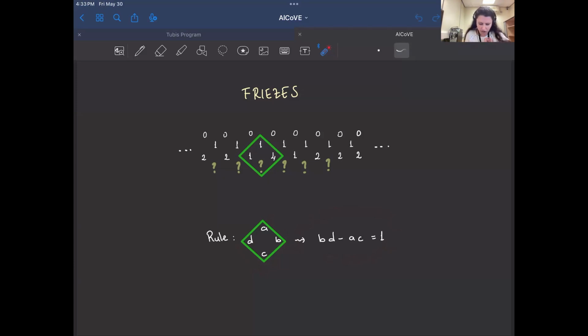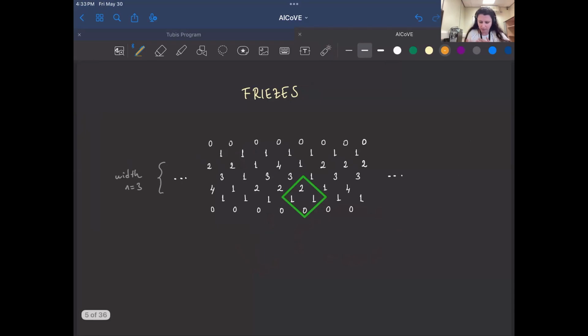If we do this computation here, I use some colors. 4 times 1 is 4, so we need 3 here. And you propagate it everywhere, 3, 1, and so on. And then you complete this consecutively. After getting one row, of course, you will be able to determine the next one and the next one.